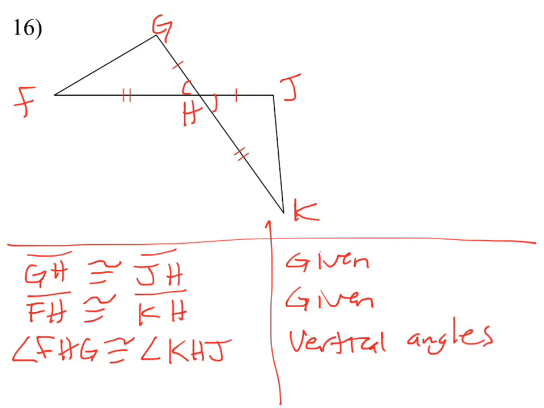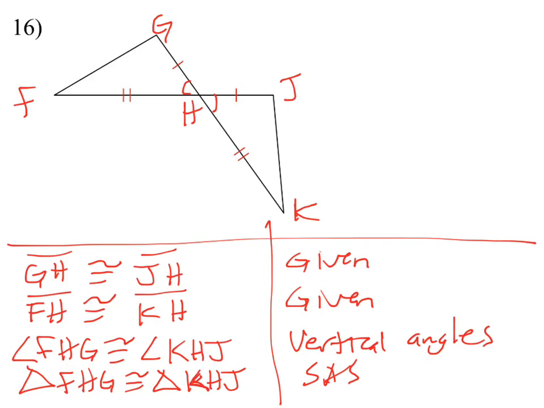And since we have two sides and the angle between them on both triangles matching up, we have side, angle, side. And so these triangles, triangle FHG is congruent to triangle KHJ. And there you go.